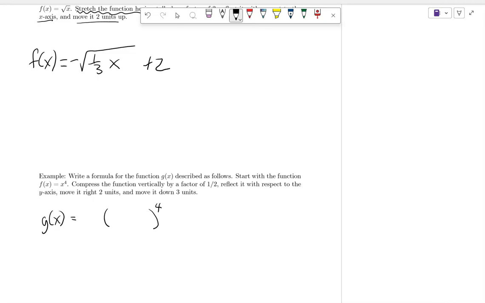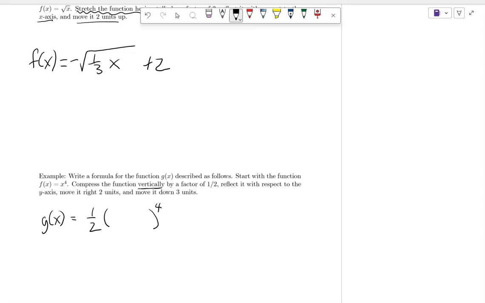Let's see if we can handle them case by case here. Compress vertically by a factor of 1/2. What should we do? We're doing vertically this time, so outside. Yeah, outside and just a 1/2.